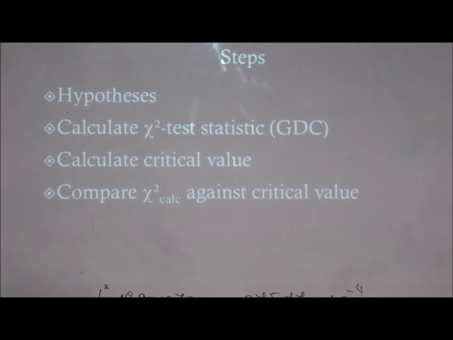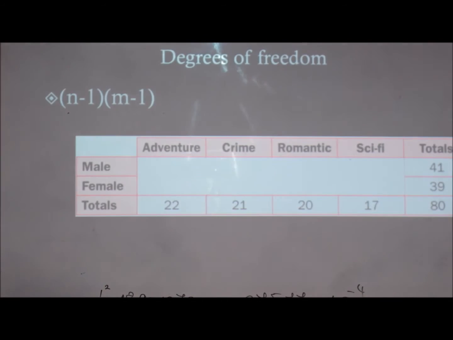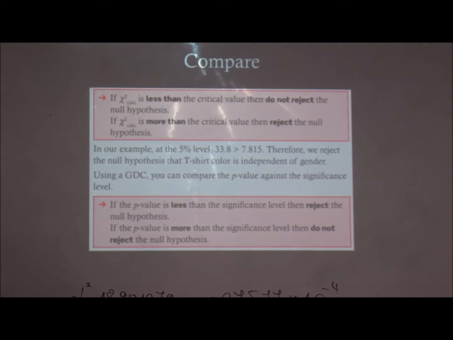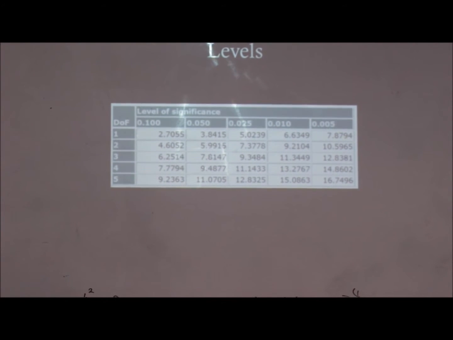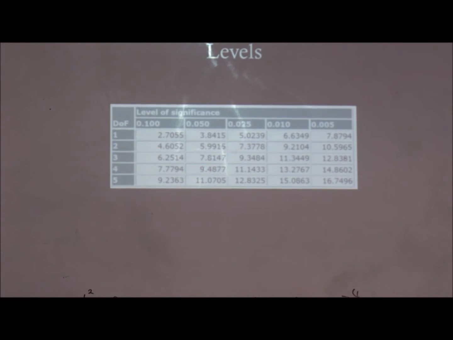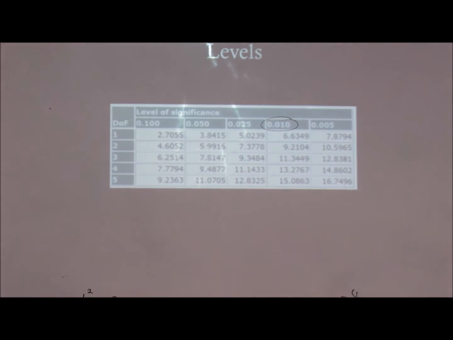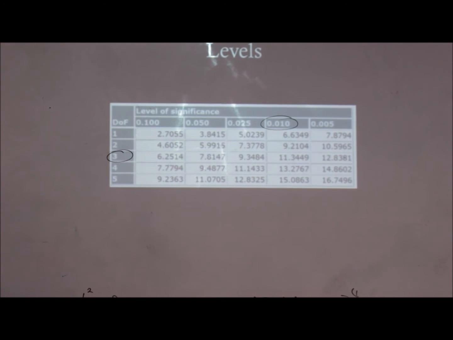So I will go to the last slide. That's what we need. So, level of significance 1%. Degrees of freedom 3. What's the critical value?